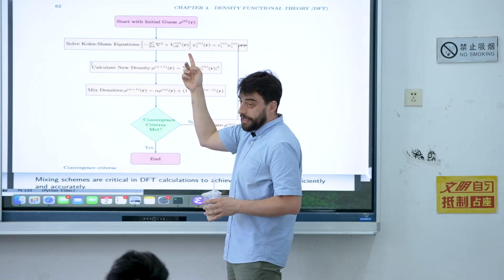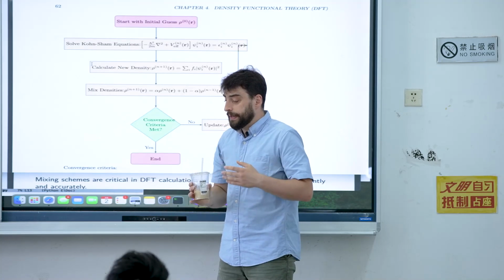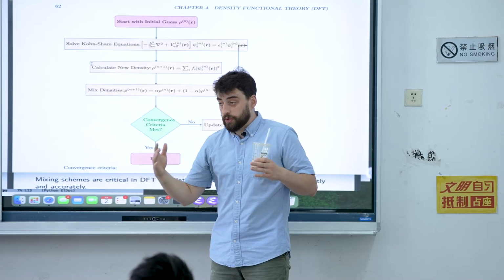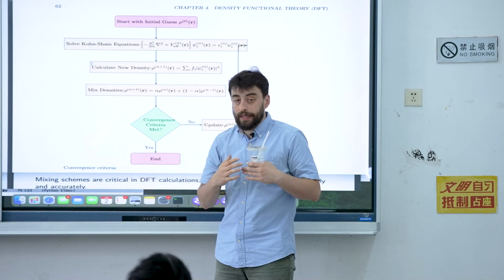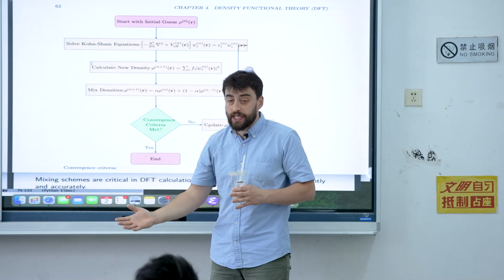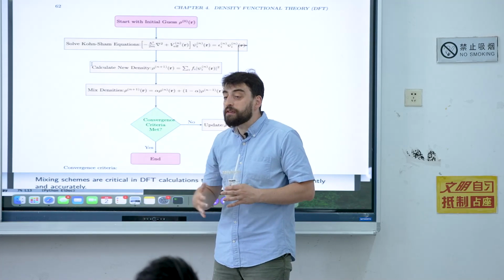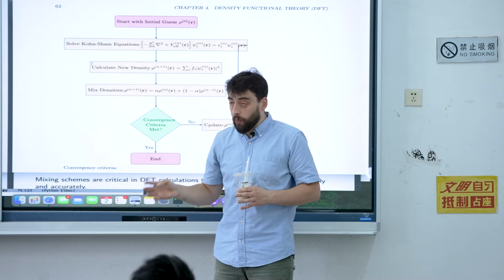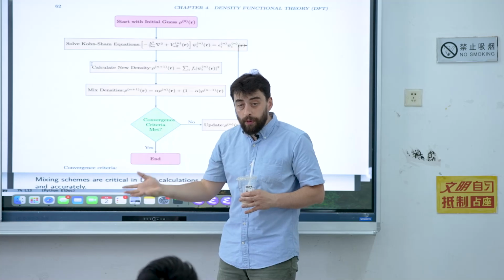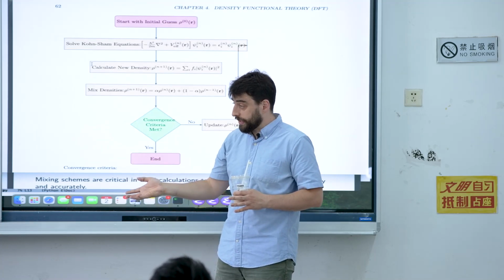But let's say we start with a density, and you can start with anything you like. Say I have a system, it's 10 by 10 by 10 angstroms cubed, a cubic cell, and in that space I've got 4 atoms, an FCC crystal, and each of those 4 atoms has 3 valence electrons. So I'm going to have 3 by 4 total electrons in my system, 12 electrons to deal with.